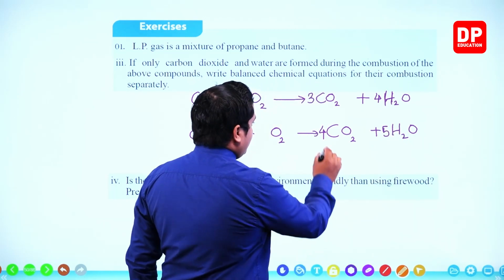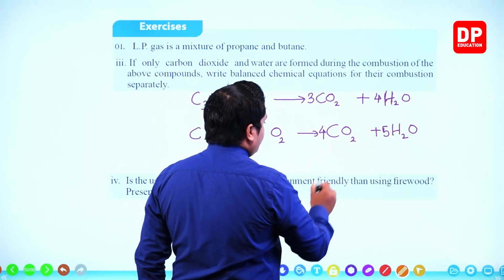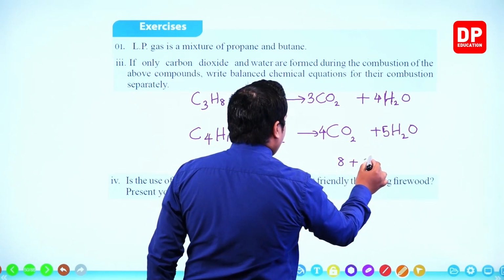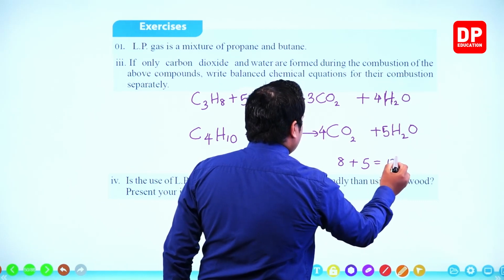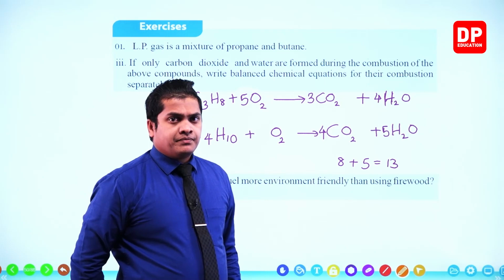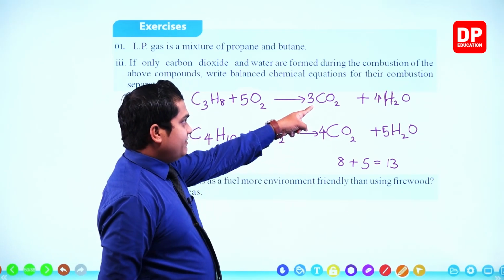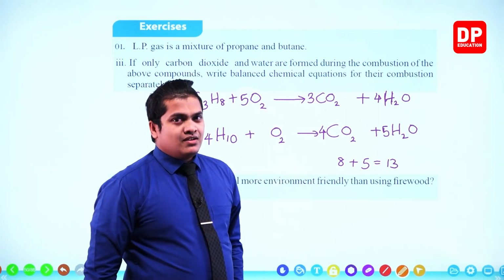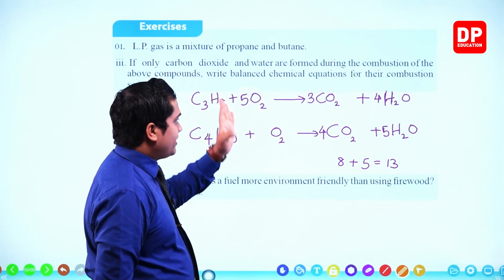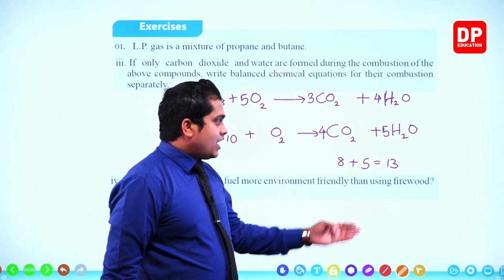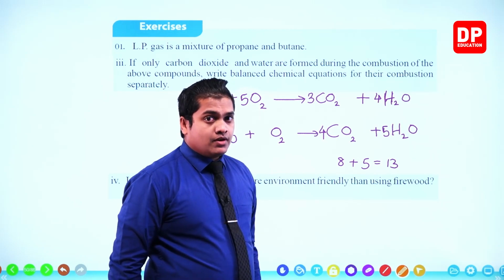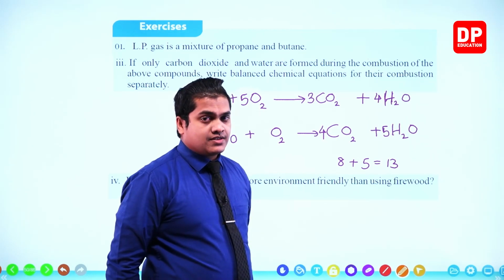Now, my dear children, 4 times 2, 8, plus 5 times 1, 5. That means 8 plus 5, there is 13. Now there is a problem, right? If the oxygen count is an even number, then there is no problem. You can directly put the number in front of it by dividing by 2. Now the total oxygen count over here is an odd number, not an even number like in the previous.